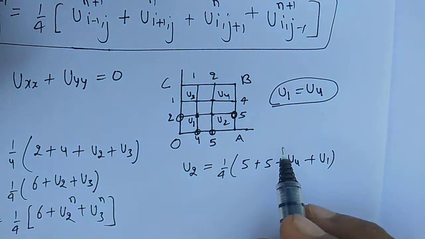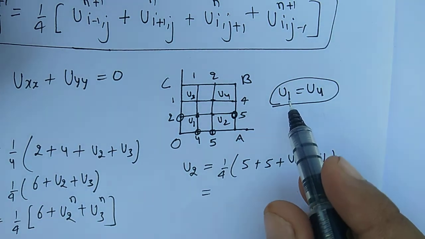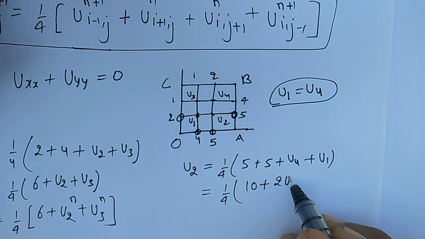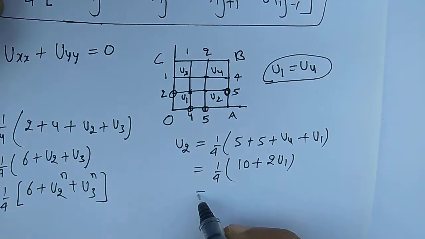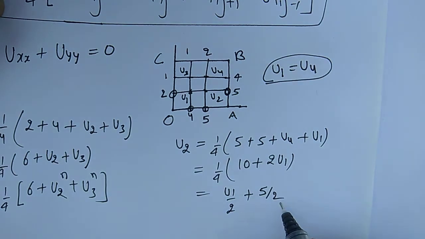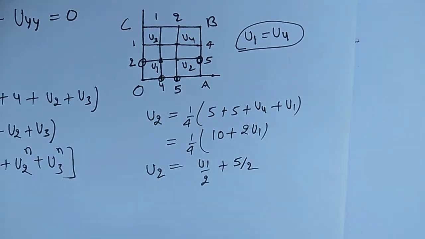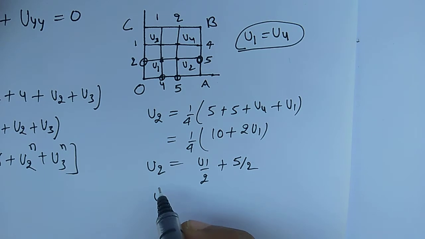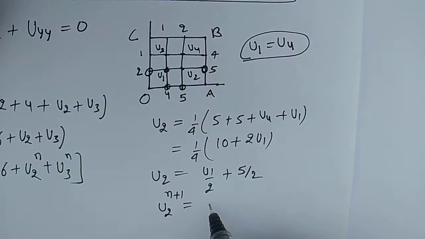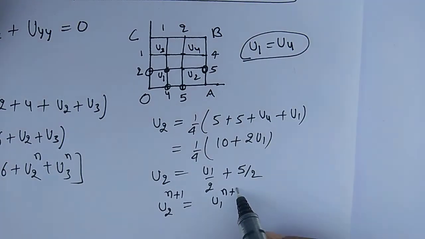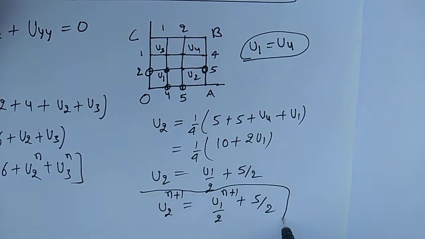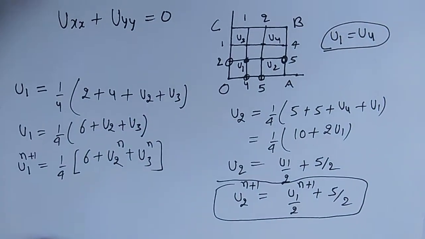Fine. Since u4 equals u1, we have 1 by 4 of 10 plus 2u1. If you simplify, we get u1 by 2 plus 5 by 2, that is your u2. Now u2 (n plus 1) equals u1, taking the current value, u1 (n plus 1) by 2 plus 5 by 2. So this is the iteration formula for u2.